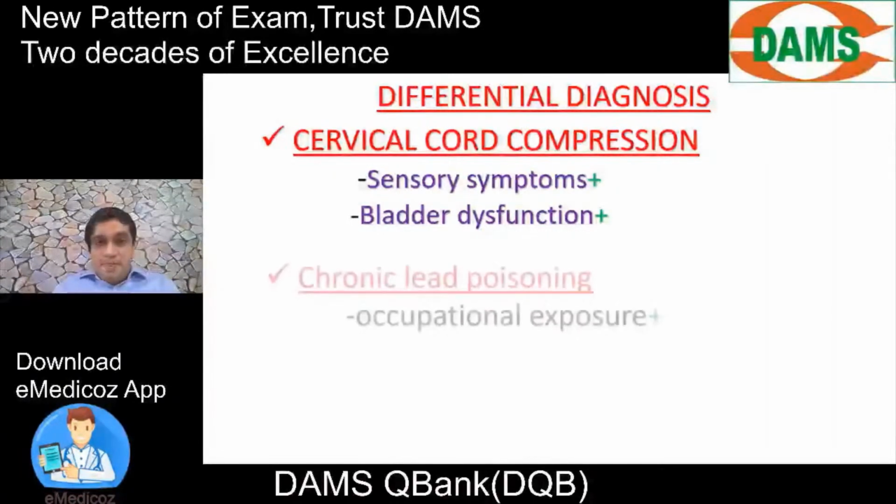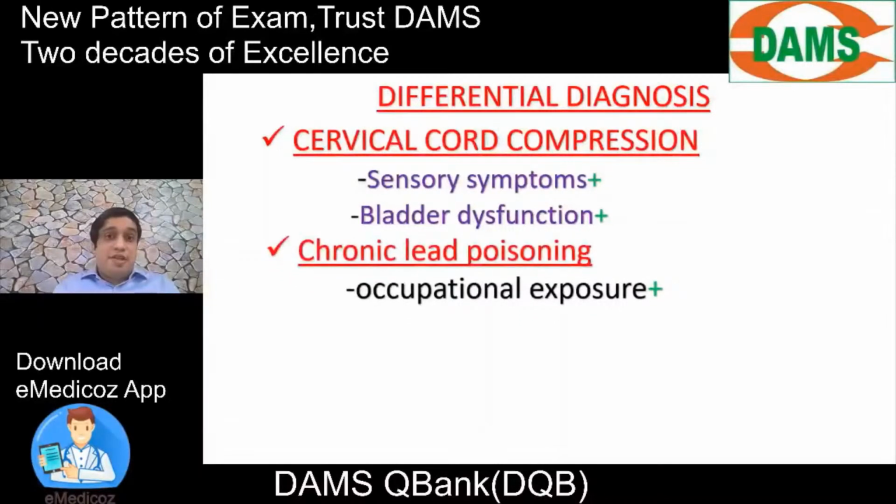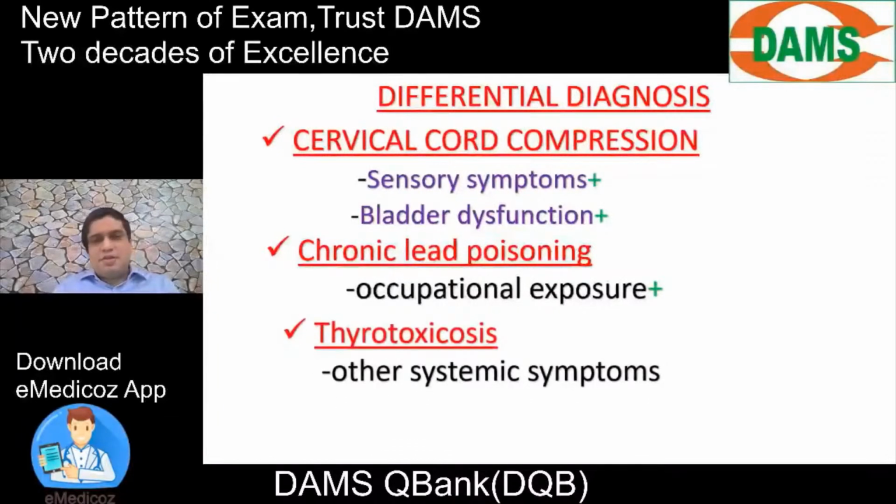And chronic lead poisoning would be another differential for this, plumbism. But occupational exposure is important in the history of such patients. And of course, thyrotoxicosis, in these patients other systemic symptoms of hyperthyroidism would be more evident, apart from motor weakness only.